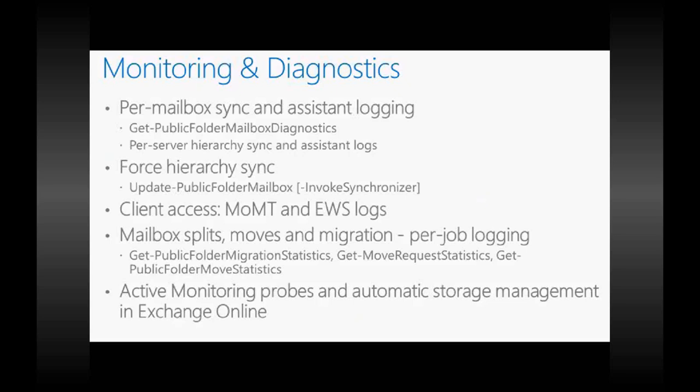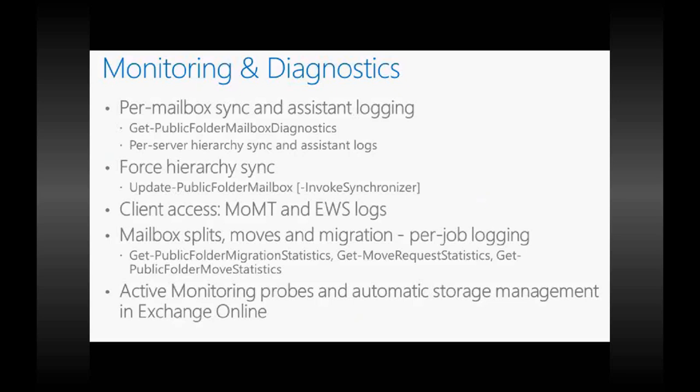We can also force the hierarchy, so we can use Update-PublicFolderMailbox with the InvokeSynchronizer attribute to actually force synchronization to occur. So if you are experiencing what looks like hierarchy issues, then one thing to do is to force it, invoke the synchronizer, and then take a look at the log files and see if there's anything in those log files that could identify why synchronization might not be occurring the way it should.